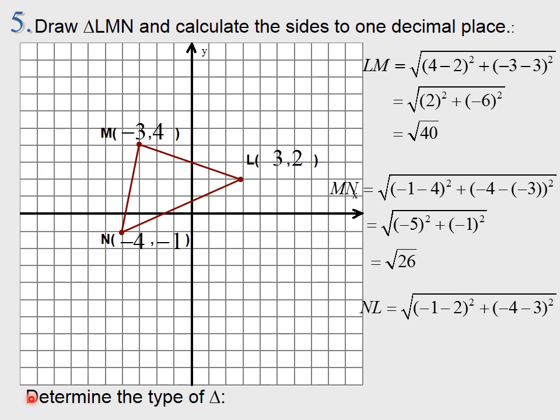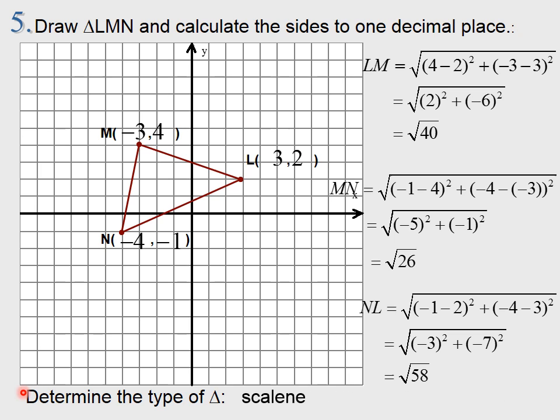And our last side is NL. For NL, we did negative 1 minus 2 and negative 4 minus 3. When we tidy that up, we get negative 3 squared and negative 7 squared. And that gives us square root 58. So we've calculated the length of each side of the triangle.